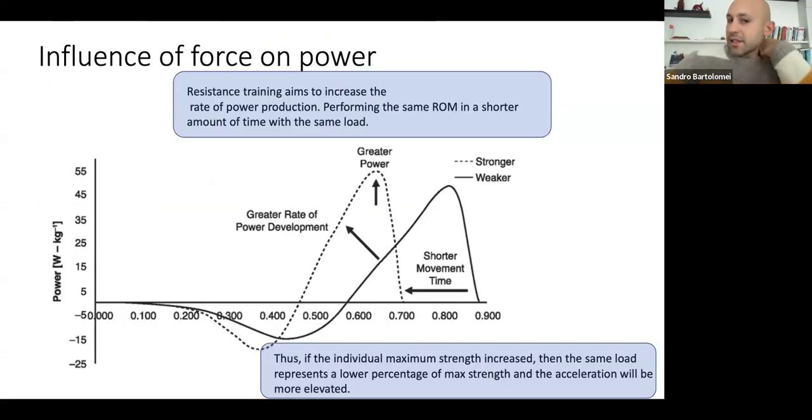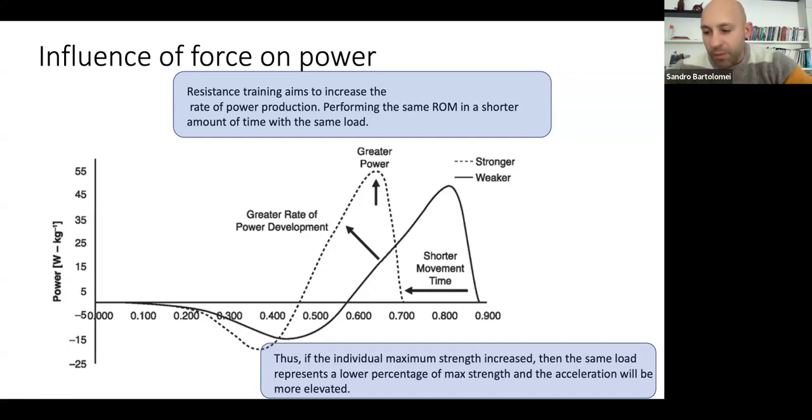Okay, so resistance training aims to increase the rate of power production, so performing the same range of motion in a shorter amount of time. So typically, one of the goals of power training is not to reduce the range of motion.